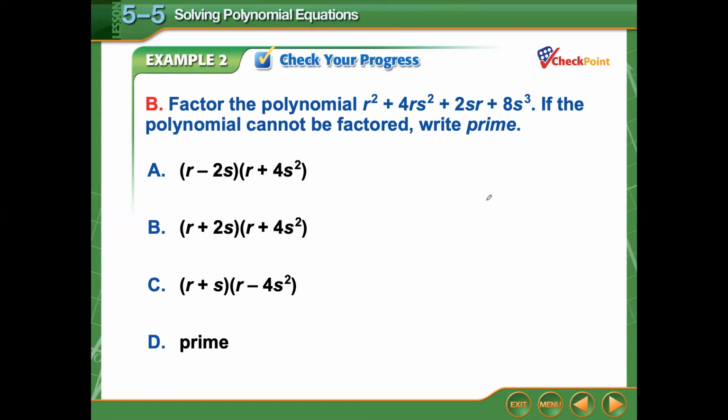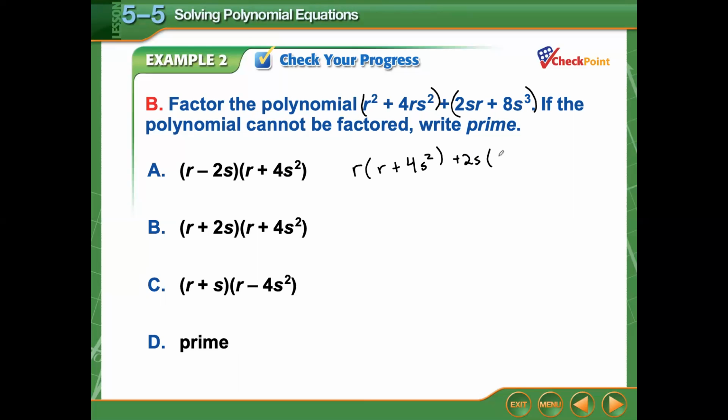All right, taking a look here, we would group the first two and last two. So r squared plus 4rs, I would pull out an r. And I would be left with r plus 4s squared. Over here, I would pull out a 2s.